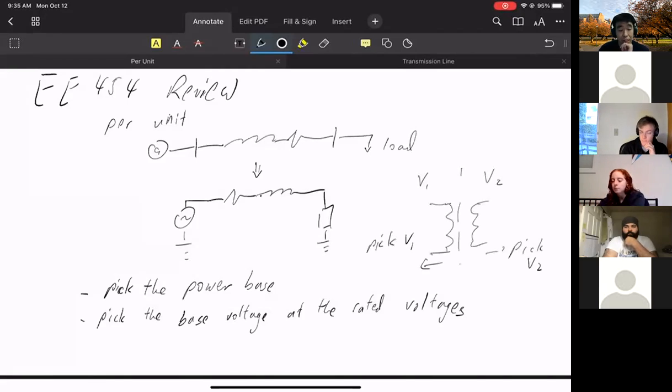If we pick the power arbitrarily and pick voltage this way, and do all the conversions correctly, we have a simple circuit to work with and don't need to worry about transformers. That's the whole point of the per unit system.